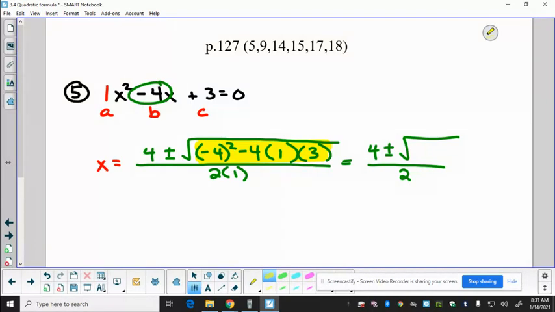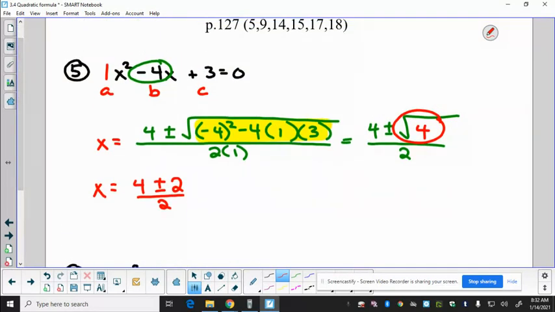So negative 4 squared would be 16 minus, when you multiply that stuff together, it's 12. 16 minus 12 is 4. So I think we can all agree that this will be 2. So this turns into 4 plus and minus 2 divided by 2, which really leads you to 2 different solutions.